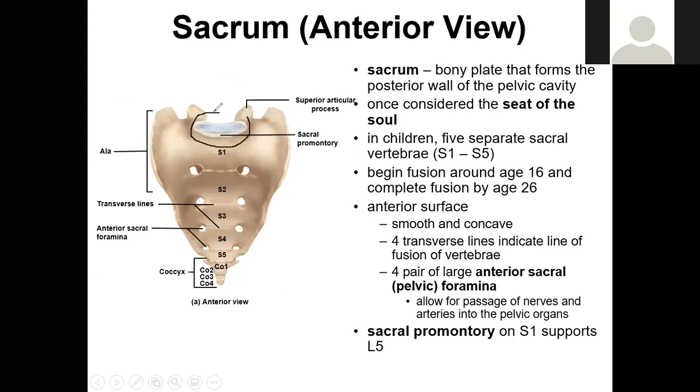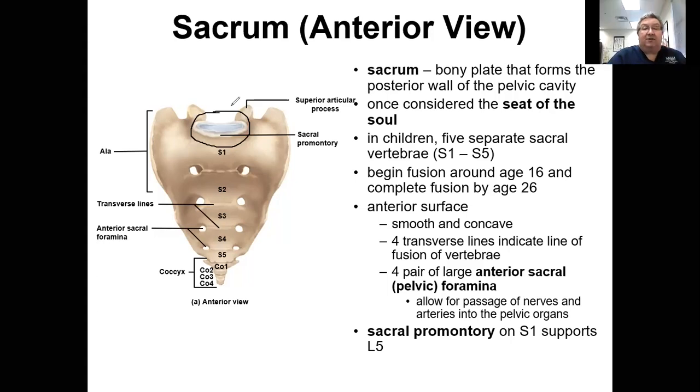This is S1, so it articulates with the lumbar vertebra, the L5 vertebra, and this is known as the sacral promontory, basically the top of the sacrum. And it's S1 that supports the lumbar area. So on the sacrum, the only thing I need you to know is this S1 area, and that S1 area is known as the sacral promontory.